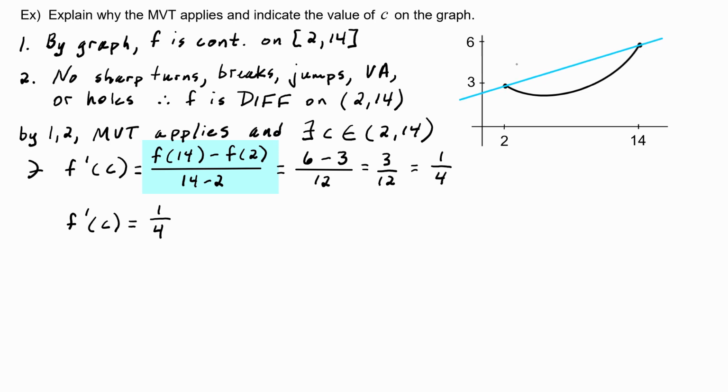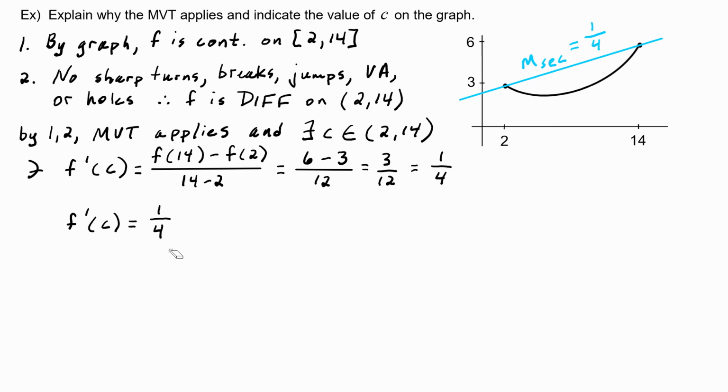So the slope of the secant is equal to 1/4. And what we are trying to do is find where the slope of the tangent equals that. So remember that the derivative at c gives us the slope of the tangent line at c, and we are trying to set it equal to the slope of the secant line, which we just found out is 1/4.